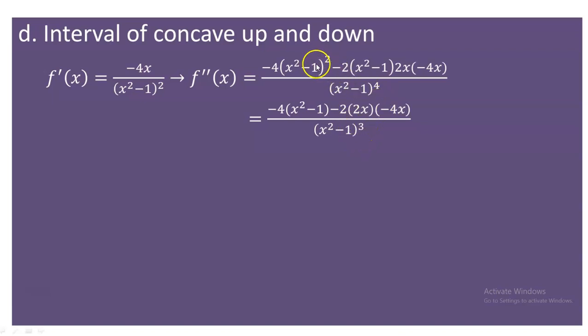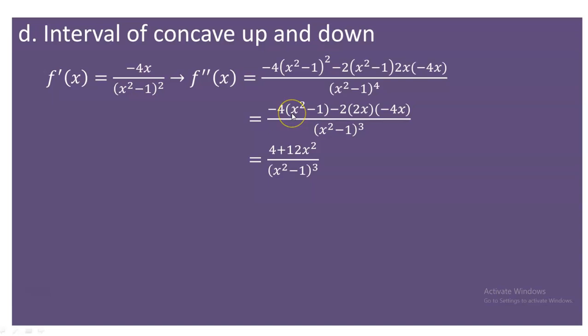So as you are taking one x squared minus 1 out, you will be left with one x squared minus 1, as you see, but this is already taken out. So minus 2 into 2x minus 4x can come. So this is minus 4x squared plus 4. You can simplify this one, as you see, and this can come.